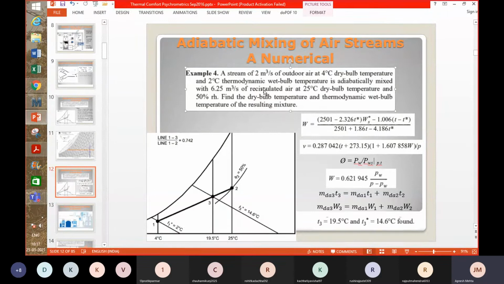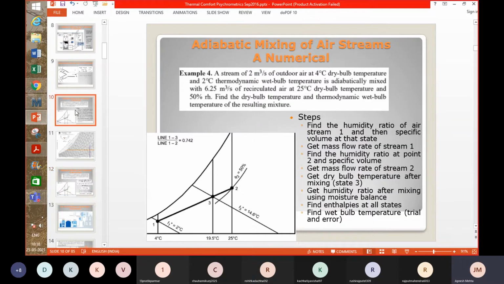A stream of 2 meter cube per second of outdoor air at 4 degrees Celsius dry bulb temperature and 2 degrees Celsius thermodynamic wet bulb temperature is adiabatically mixed with 6.25 meter cube per second of recirculated air at 25 degrees Celsius dry bulb temperature and 50% RH. Find the dry bulb temperature and thermodynamic wet bulb temperature of the resulting mixture.